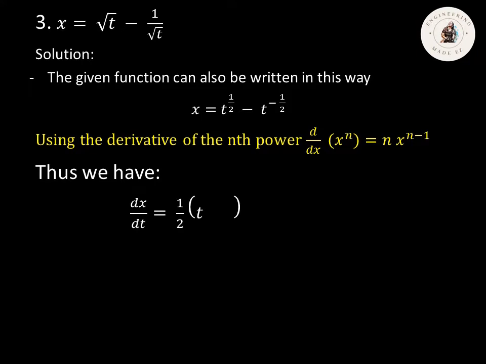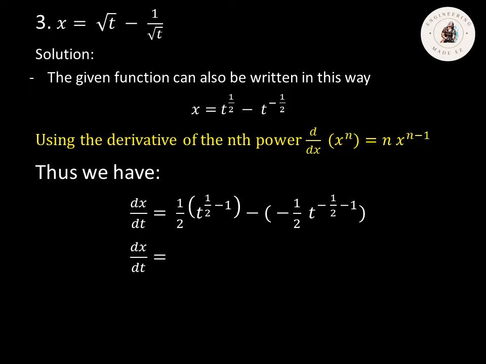That's why we have 1/2 multiplied by t raised to 1/2 minus 1. Minus, for t raised to negative 1/2, still applying the derivative of the nth power, our n here is negative 1/2. So that's why we have negative 1/2 times t raised to the power of negative 1/2 minus 1.